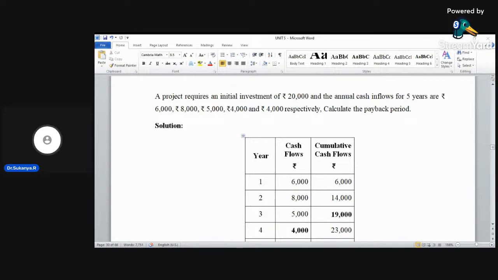The second year, the cumulative cash inflow will be 6,000 plus 8,000. So this is 6,000, the cumulative cash inflow of the first year. Along with that, if you add the cash inflow of the second year, you get 14,000, which is the cumulative cash inflow of the second year. Coming to the third year, it will be 14,000 plus 5,000, which comes to 19,000 in the third year.